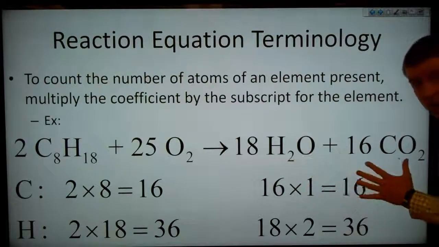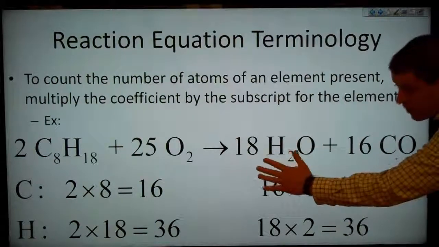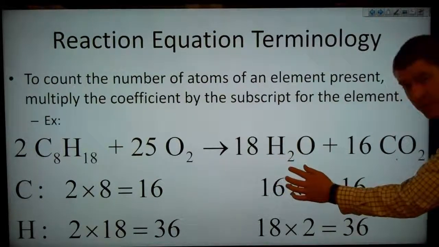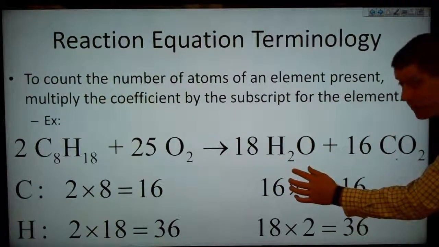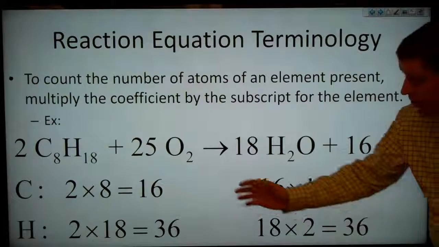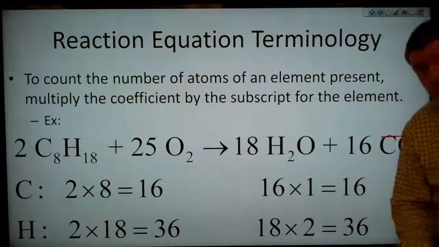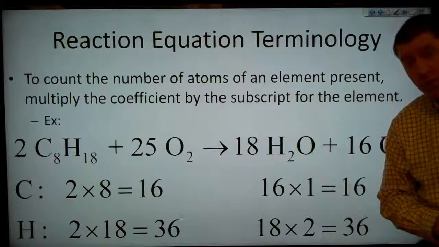That means that the equation is balanced for carbon. Now let's look at hydrogen. In water, we've got 2 hydrogen atoms in each water molecule, and we have 18 water molecules, so 18 times 2 gives us 36. So we had 36 hydrogen atoms on the left side, we have 36 hydrogen atoms on the right side, so the equation is balanced for hydrogen.